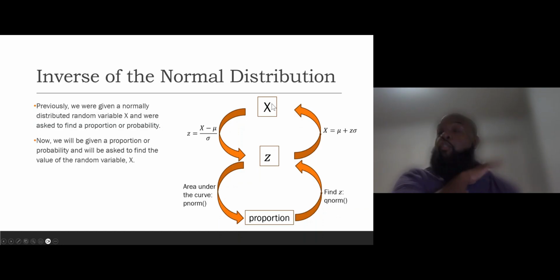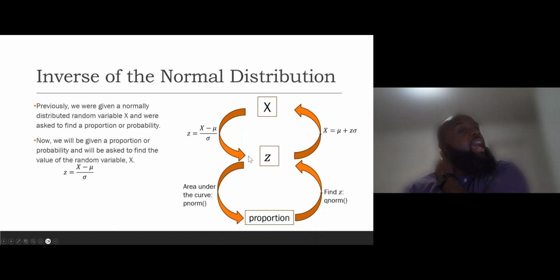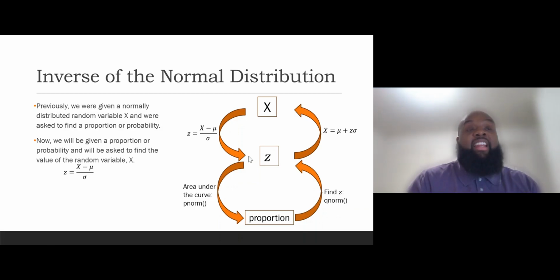And so this is the formula that we're going to use, and it basically comes from solving this normal z-score formula for x, right? Just to show you that real quickly, if I want to solve that equation for x, I need to first get rid of that denominator, which is sigma. So I will multiply both sides by sigma.